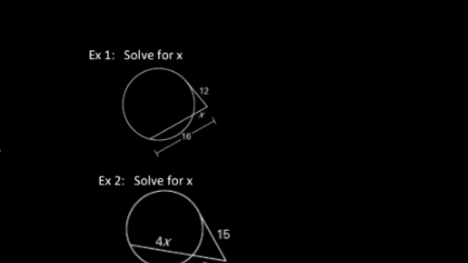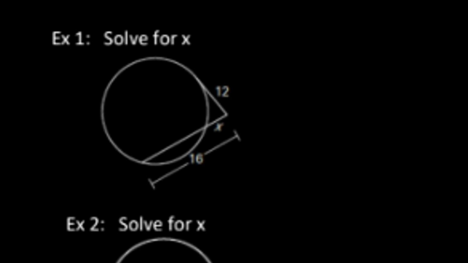All right, so let's try it. What type of segments do we have here? Secant, good. Tangent and secant, so we use the TWO rule. T squared equals whole times outside. What is our tangent value? 12. And what is our whole?